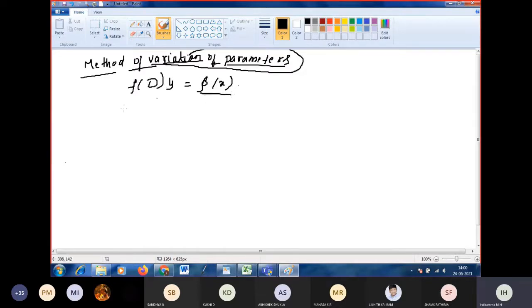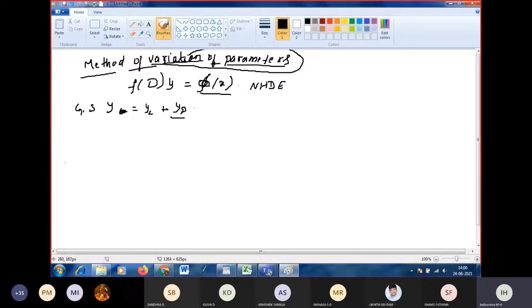Since it is a non-homogeneous differential equation, what is the general solution? YC plus YP.